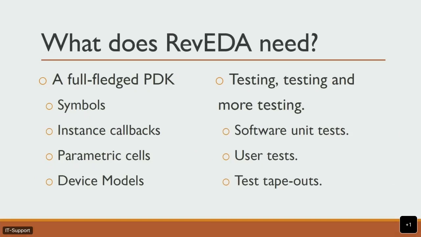So we need a fully fledged PDK. Of course, that means symbols, instance callbacks, parametric cells, or if we do the layout, and well-defined device models. And of course, it needs testing. I am not a software engineer, I'm a chip designer who is pretending to be a software guy, so I don't have many tests written.